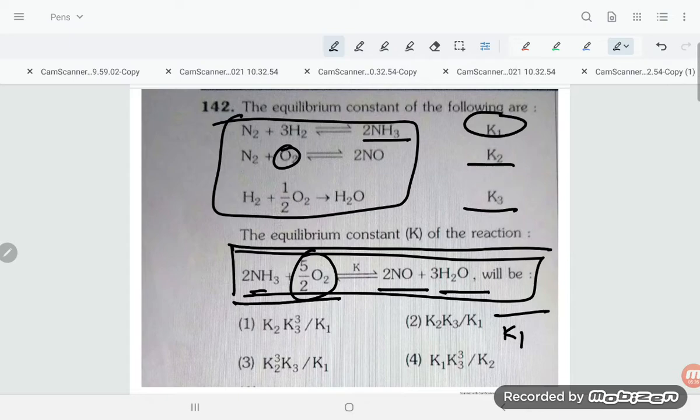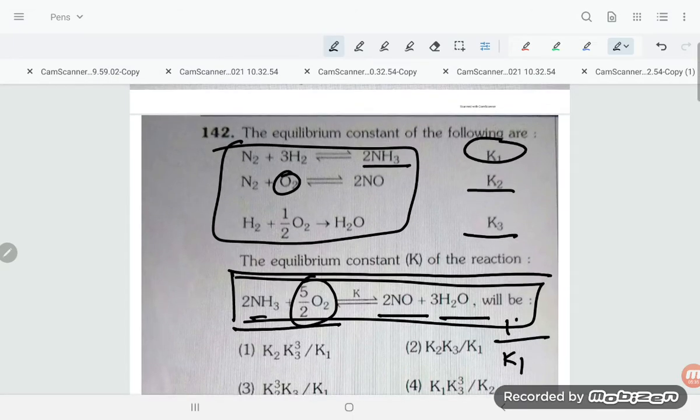Okay, so if you talk about the K2 students, K2, let it be K2 only, no need to reverse. Now K3, you see, O2 is there, so H2 and O2.